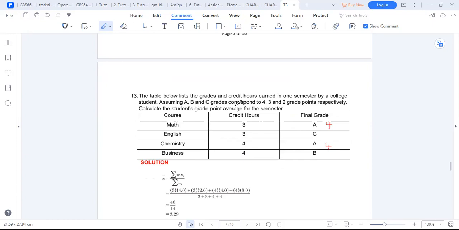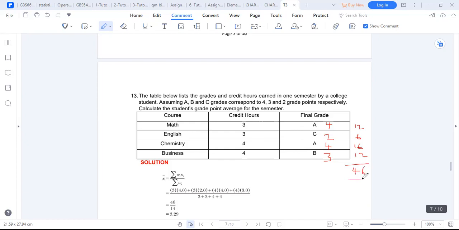B corresponds to 3. And C corresponds to 2. So we're going to multiply 3 times 4 is 12. 3 times 2 is 6. 4 times 4, 16. 4 times 3 is 12. When we add this, we get 46.